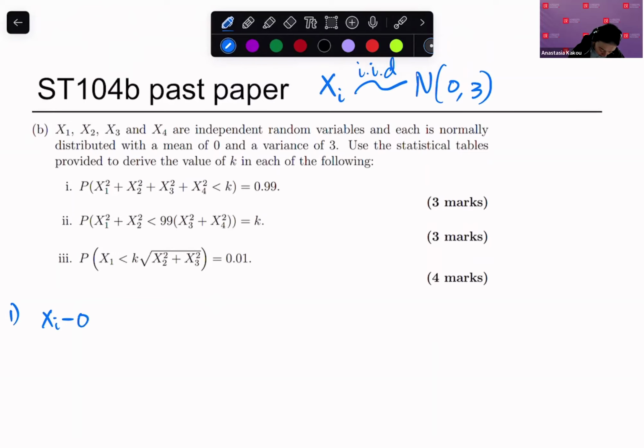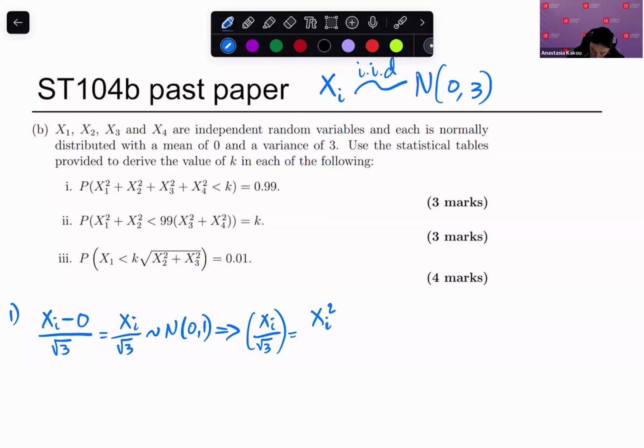So by subtracting the mean and dividing by the standard deviation, which is basically xi over square root of 3, we end up with a standard normal. Then when you square this, you end up with a chi-square with 1 degree of freedom.